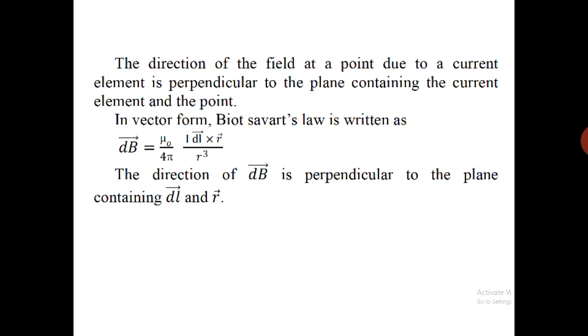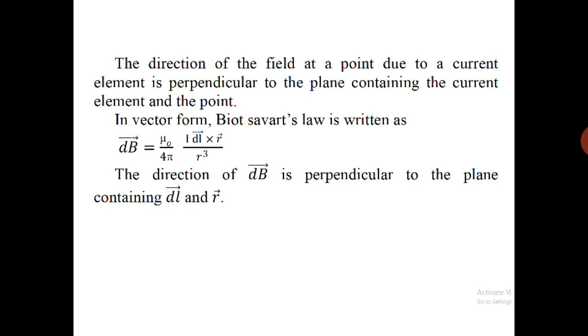So it means that the magnetic field B is perpendicular to the plane of the board. Clear? That plane containing the current element and the point.